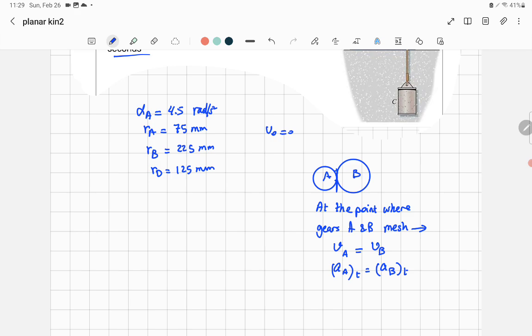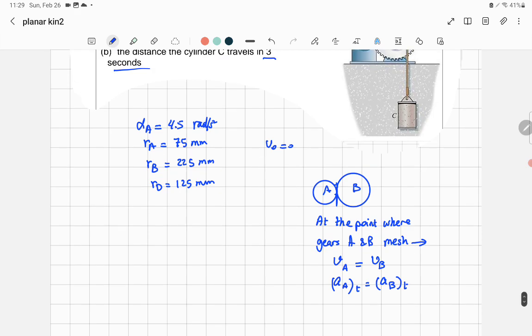All right. So now what we try to do is find alpha of B, because we know already alpha of A, so we need to find alpha of B. That's the first unknown we'll try to get. How will we get it? We are going to use the information that we get from the transmission. Because we know that the accelerations are equal, what's the relationship between the tangential acceleration and the angular acceleration?